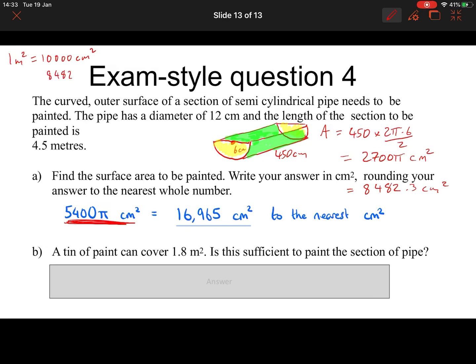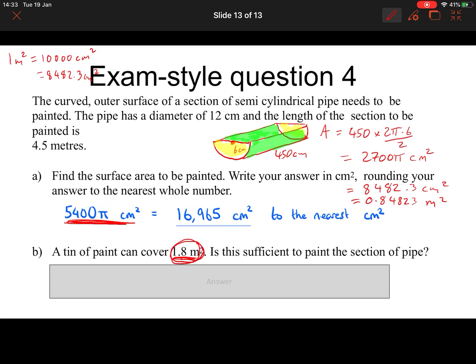Okay, and we've got 8,482.3 centimetres squared, so we need to divide that by 10,000. So divide by 10,000, and that will be the same as 0.84823 metres squared. So a tin of paint can cover 1.8 metres squared.